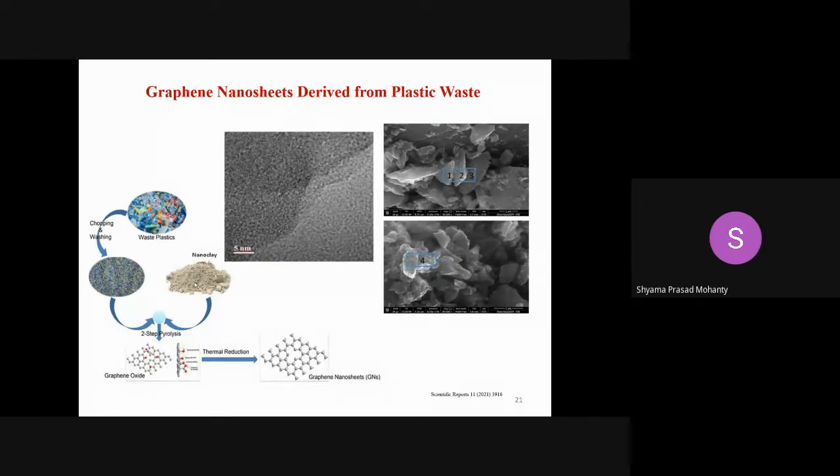The two-step pyrolysis process was done. Then it was washed, and graphene oxide was obtained, which was then reduced to graphene nanoseeds. So this is the TEM image of the prepared graphene nanoseeds.